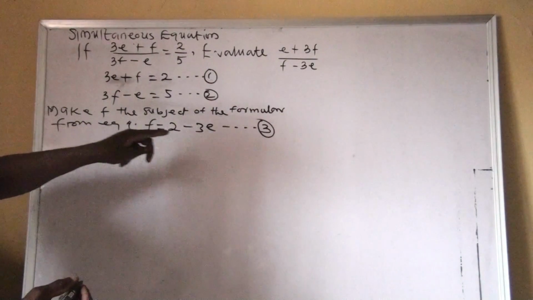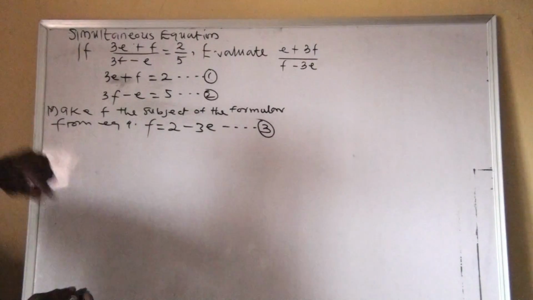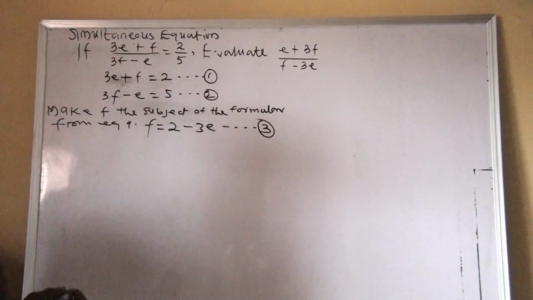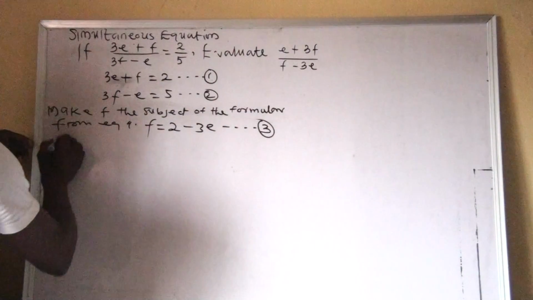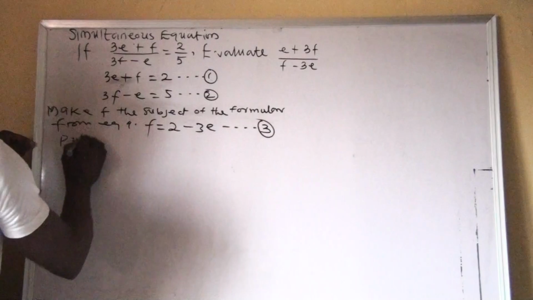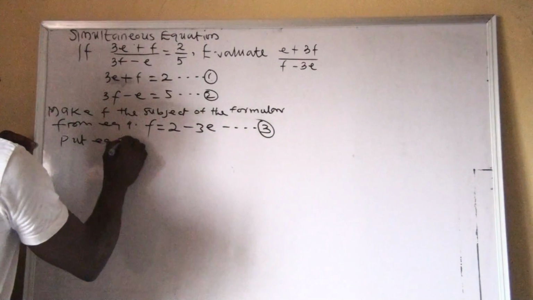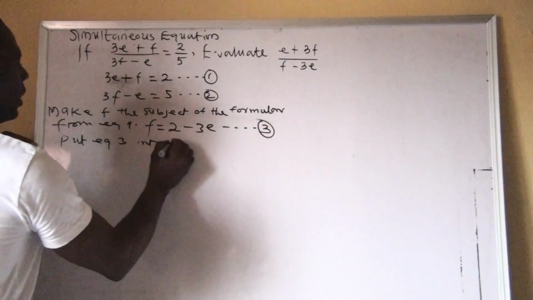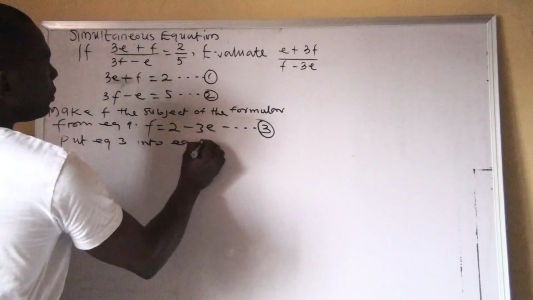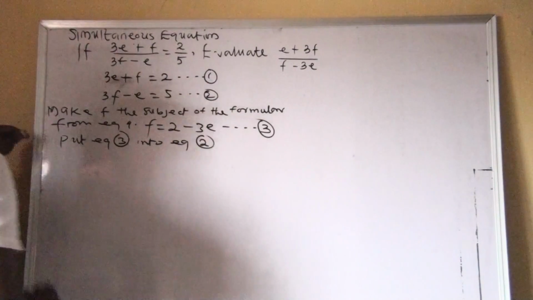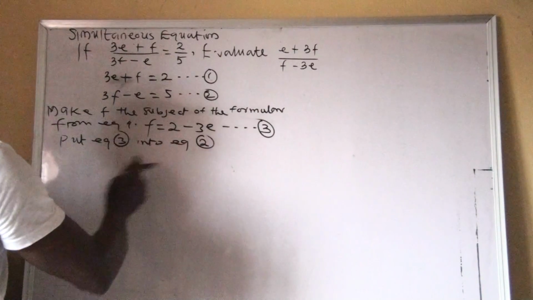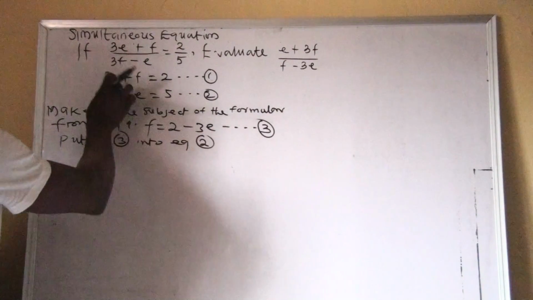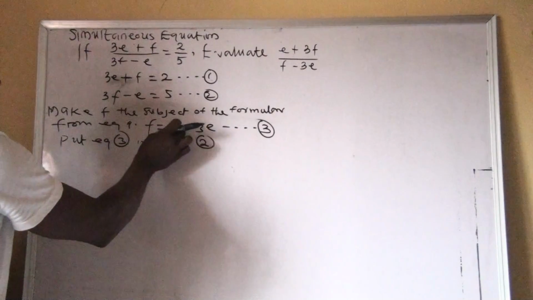Anywhere we see f in equation 2, we will put 2 - 3e. So we put equation 3 into equation 2, and our equation 2 is this. Anywhere we see f here, we'll put 2 - 3e.